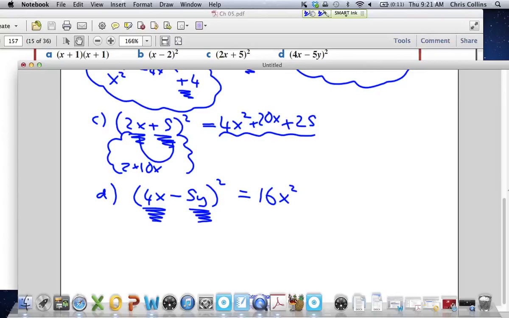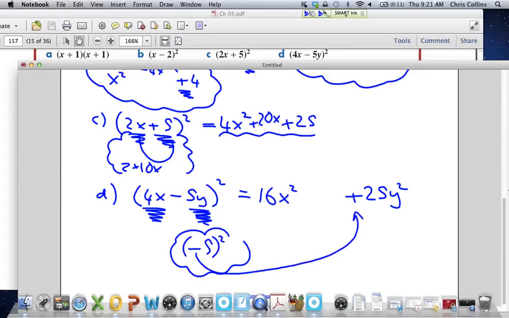It's a perfect square. So square the second thing. Now, minus 5y, so the minus and the minus is a plus. 5 squared is 25, y squared is y squared. So be careful with that one. Just remember it's minus 5 squared. So that's why we end up with a minus and a minus makes a plus here.